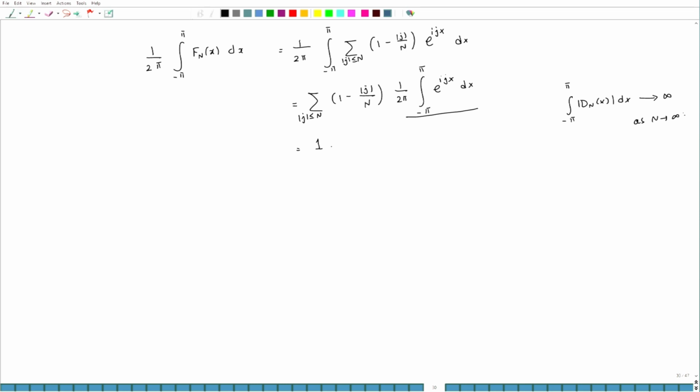That means we do not have control of the Dirichlet kernel when we are taking the modulus.